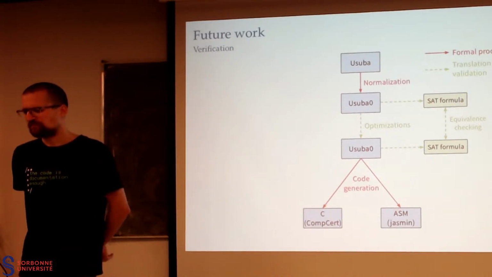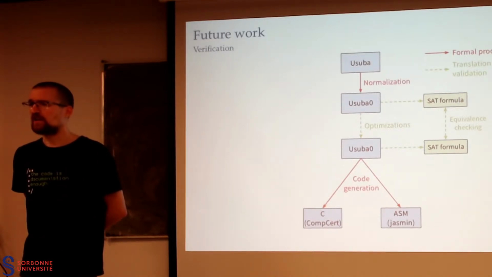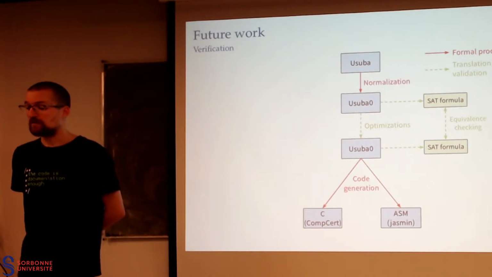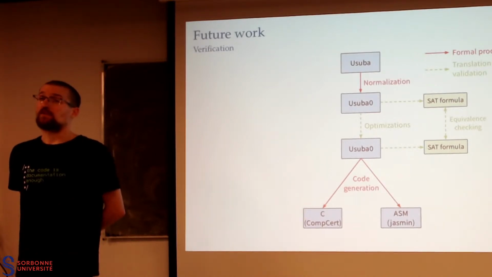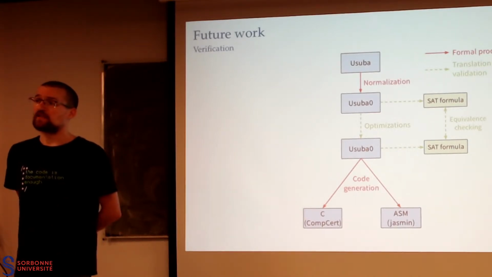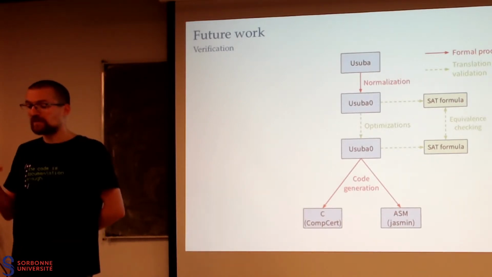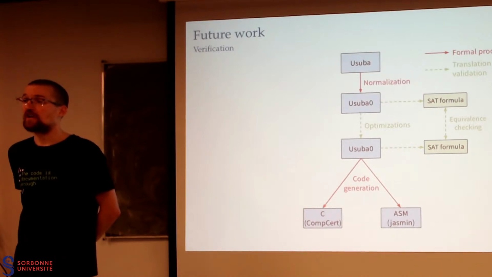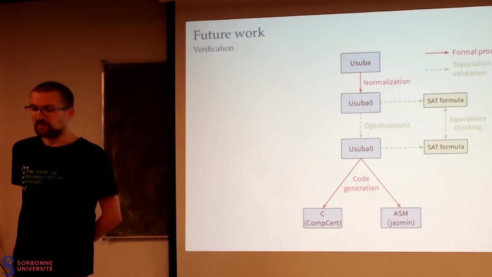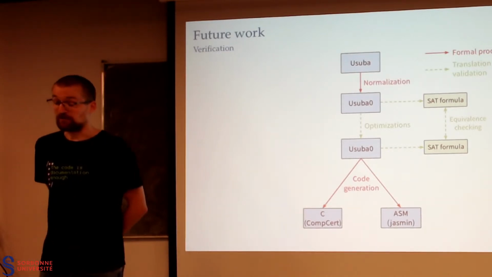And that's how we would have a completely verified tool chain, except that right now we rely quite heavily on the C compilers to produce efficient code. And if we do that, we would not have GCC or Clang anymore. And unfortunately, CompCert is somewhat slower.